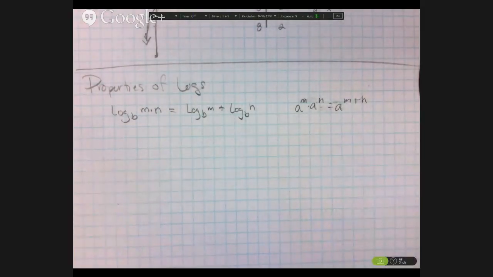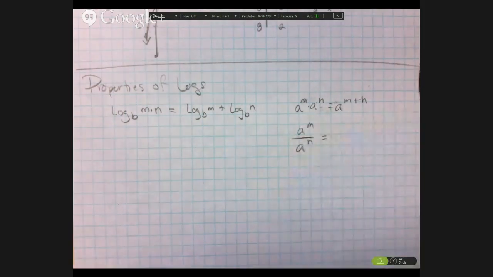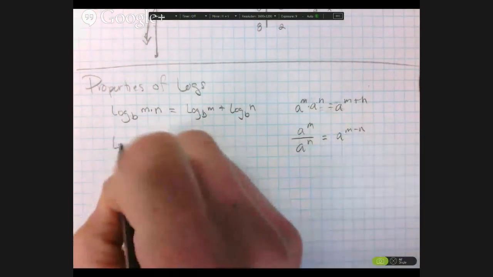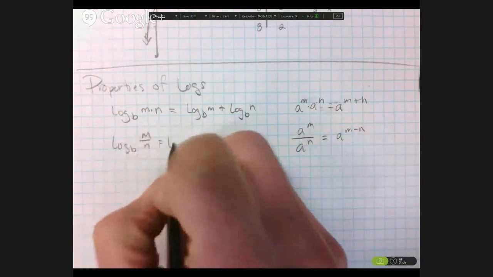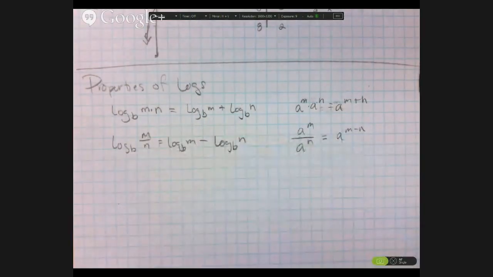Remember, multiply with like bases means add the exponents. It's the same thing. Does that make sense? So we're comparing it to those. What do you think the quotient looks like? M minus n, yeah. So we have the same thing here, where you subtract them. Okay.